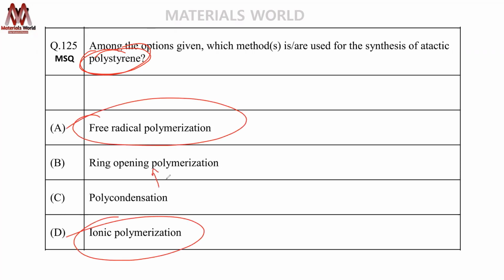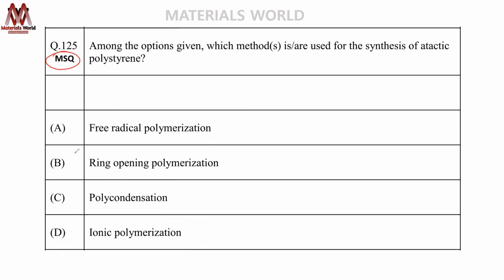Ring opening is not possible because there is no ring in styrene, and polycondensation is not possible because there are no two functional groups. I mean functional group, not a double bond. Okay. And if you know free radical, it is MSQ, so you should definitely think of ionic. It is by name MSQ. Actually, it is making it very easy to find the technique that is used. Okay.